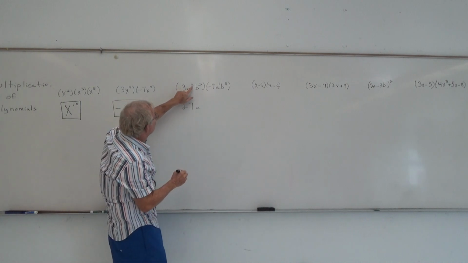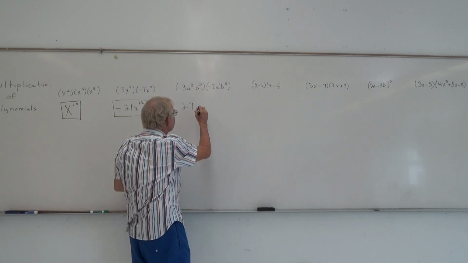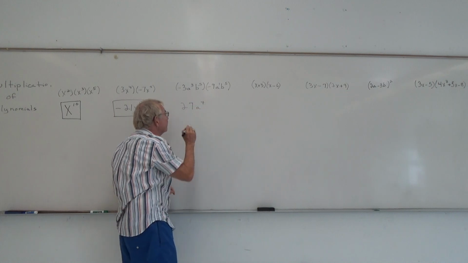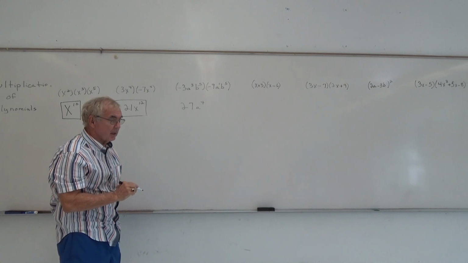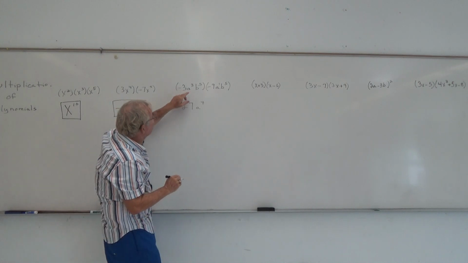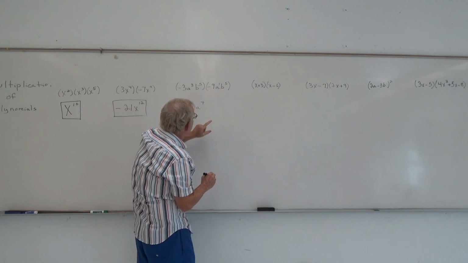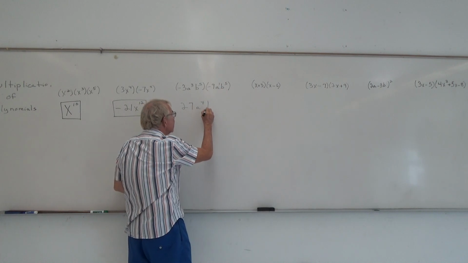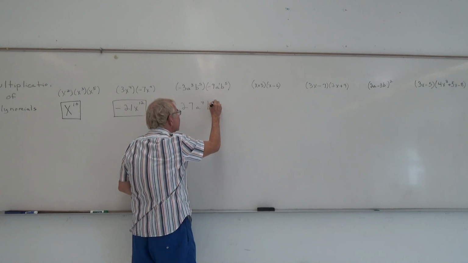So you add your 3 plus your 1 and get 4. Then you go to your base of b. You have a b to the 5th and a b to the 5th again. So you add them, and 5 plus 5 is 10.